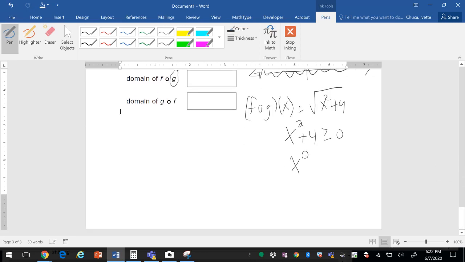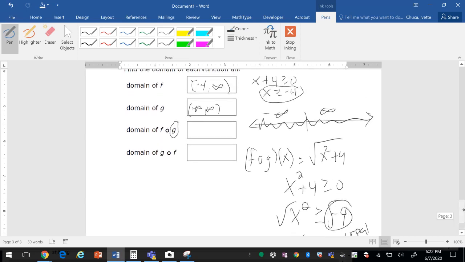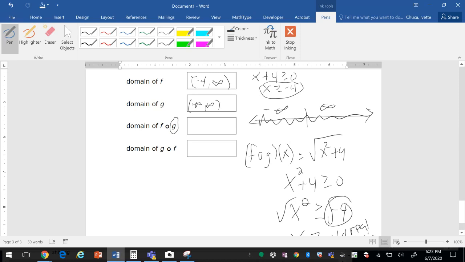So we get x squared is greater than or equal to -4. Taking the square root, x is greater than or equal to, this is going to be no real solution. And what happens here is, notice, no matter what you put for x, a negative number will become positive, giving you this to be positive. If you put 0, you'll still get a positive number. So the domain for this is also all of these numbers. So the domain is going to be whatever they have in common, which is -infinity to +infinity.